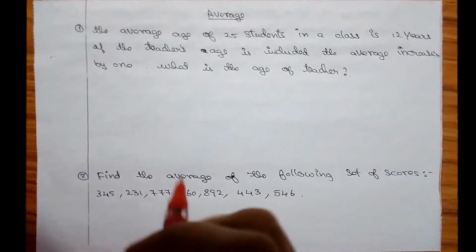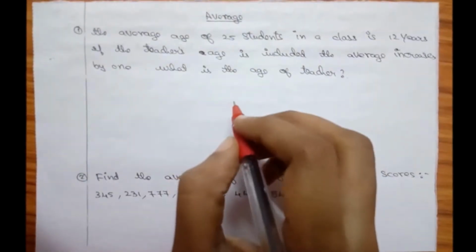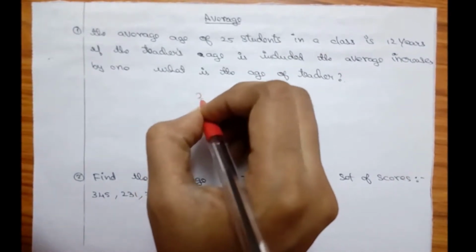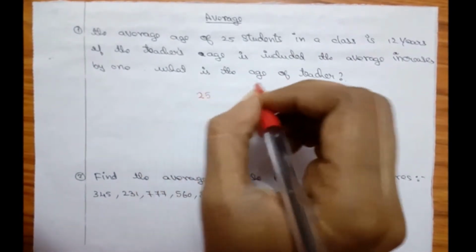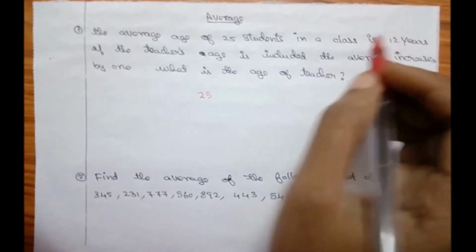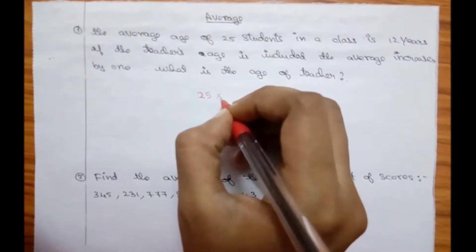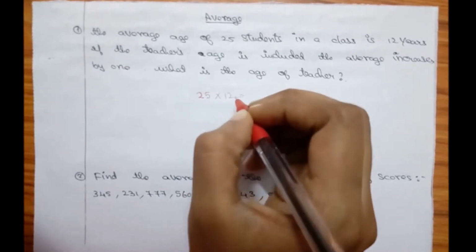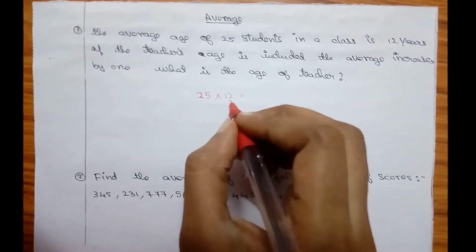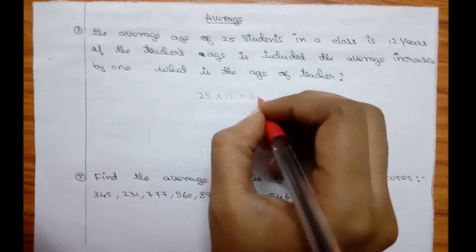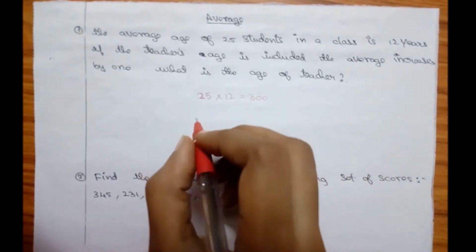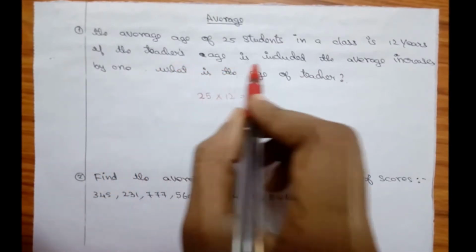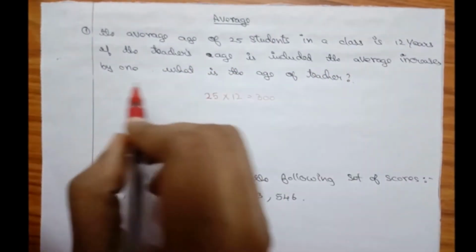So let's see how this problem is solved. I have 25 students with an average of 12. If I multiply the number of quantity and average, I'll get the sum of quantity, right? So 25 into 12 will give me 300. For the second point, if the teacher's age is added, the average increases by 1.